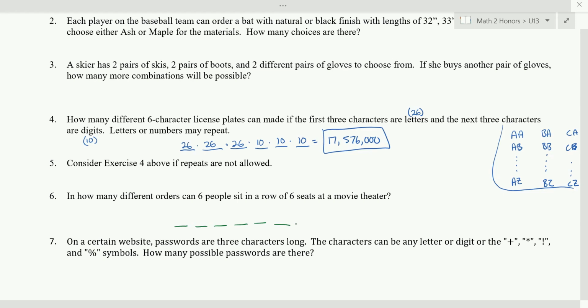Why'd you pick 6 in the beginning? Okay. There's 6 people, and we're like, well, who's going to take that first seat? There's 6 options, right? So somebody sits down. So 6 options for that first seat. One person picks it. Now there's 5 people left. So how many choices are for that second seat? 5. Now 2 people are sitting down. There's 4 people left. So you've got 4 people to choose for that third seat, and so on.